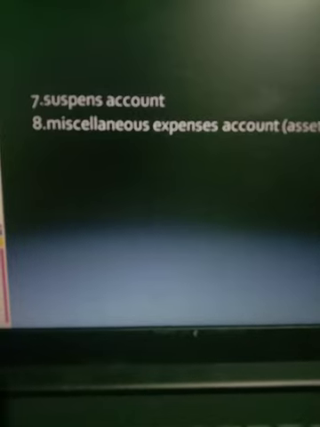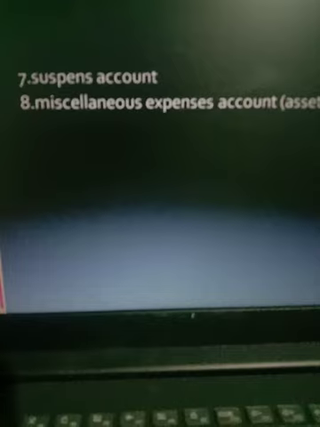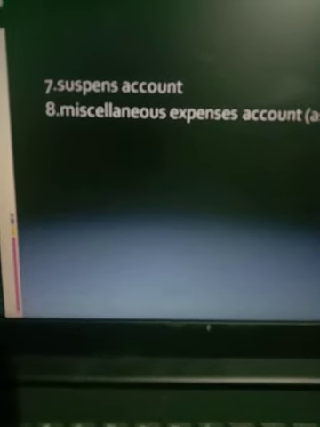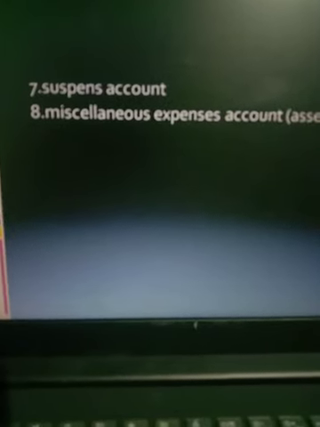Next one is miscellaneous expenses. The miscellaneous expenses account we consider as an asset. Examples are preliminary expenses and deferred advertisement expenses.